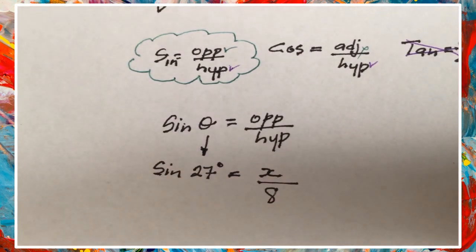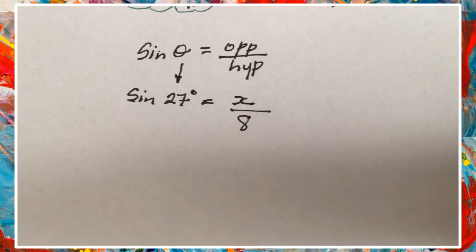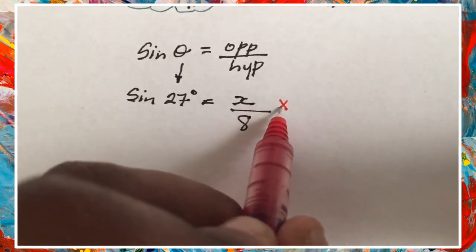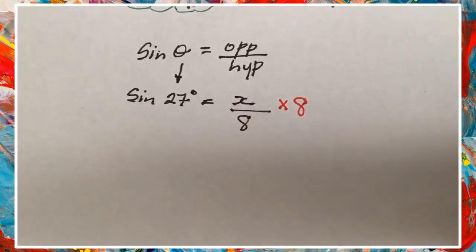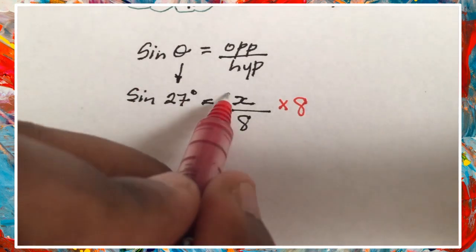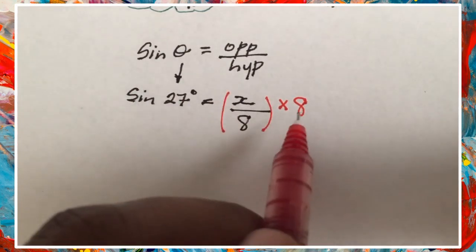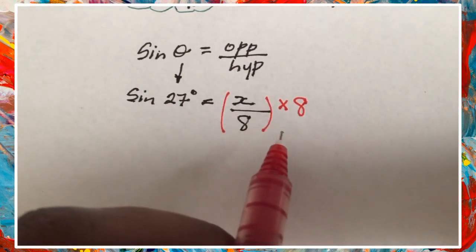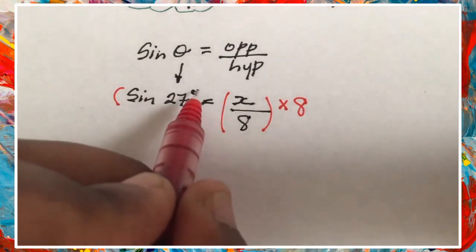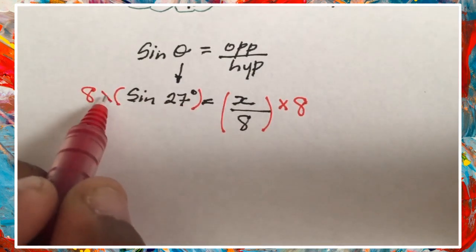Now watch me. What is the opposite of dividing by 8? The opposite of dividing by 8 is multiplying by 8. And what you do to one side, you must do to the other side too. So if I multiply this side by 8, I should multiply the other side also by 8.